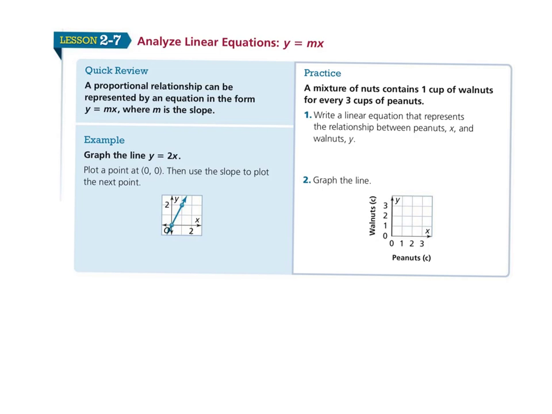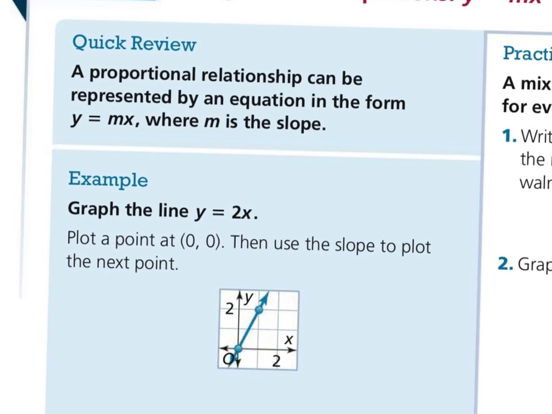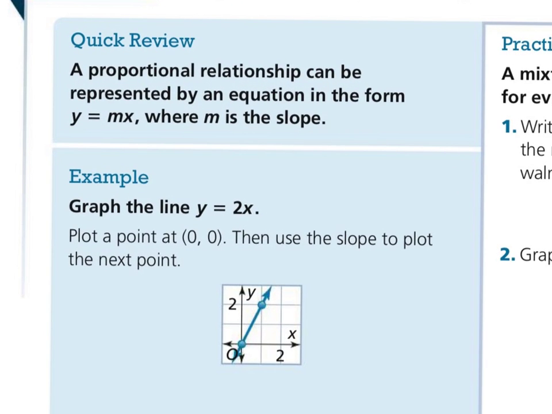Lesson 7, analyze linear equations, y equals mx. We talked about proportional relationships, y equals mx, where m is the slope. In the example, they want us to graph this line. This is in the form y equals mx, where m is our slope, which basically means our slope is 2.